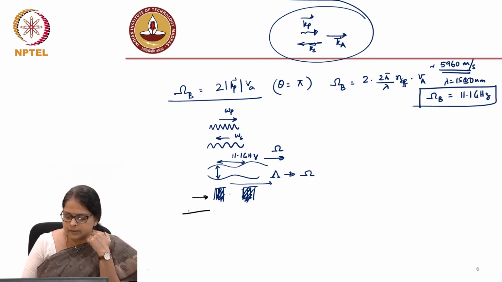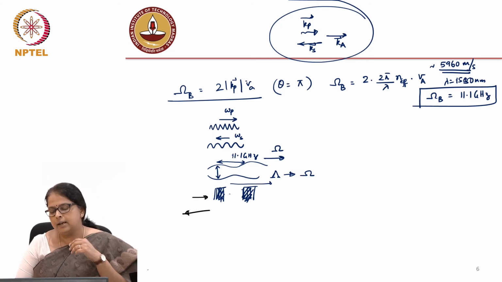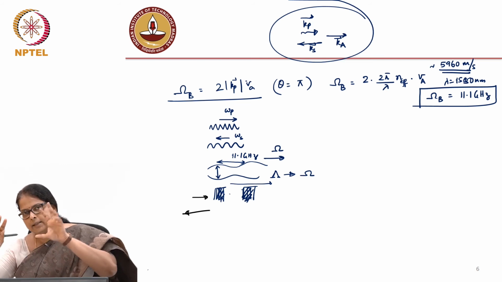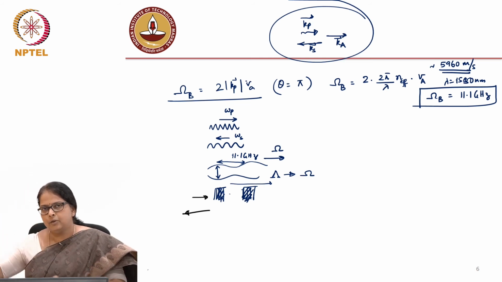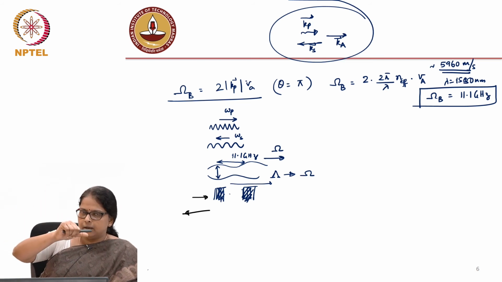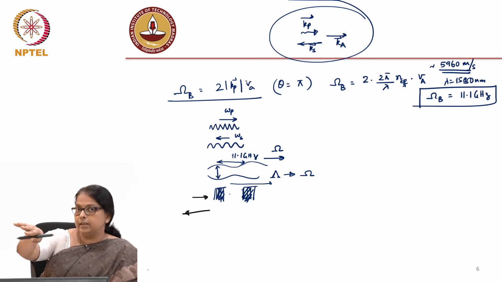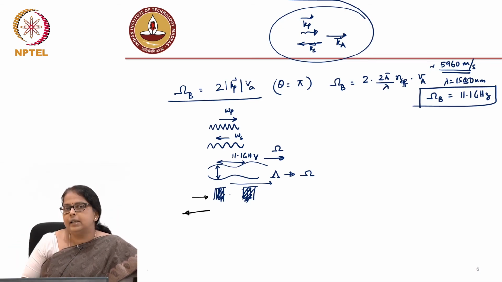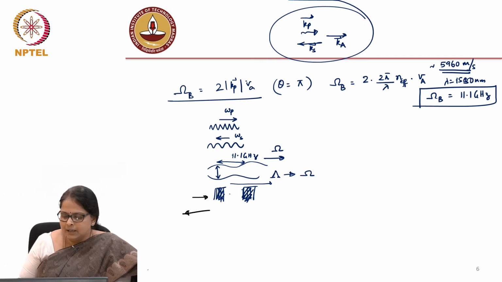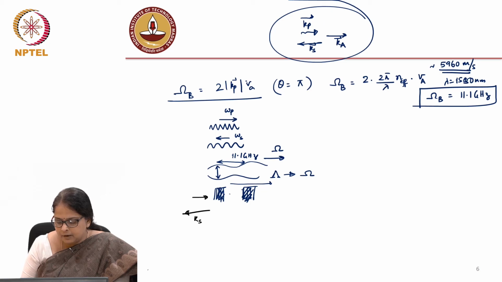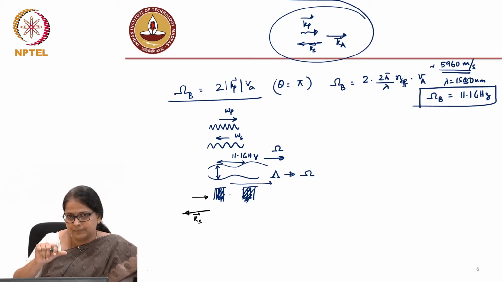So obviously there is scattered light, and because the grating is moving in space and changing in time, the scattered light moves in the backward direction while the grating moves in the forward direction, and it is downshifted in frequency because the grating has a frequency of 11.1 gigahertz. So this results in the buildup of Stokes in the backward direction.